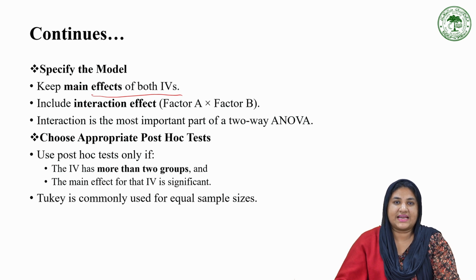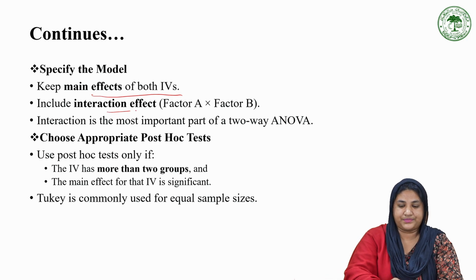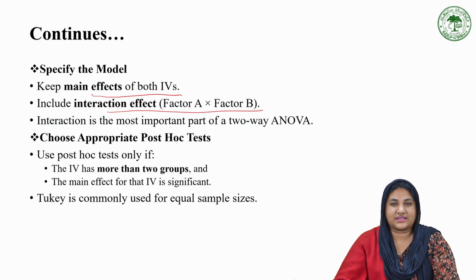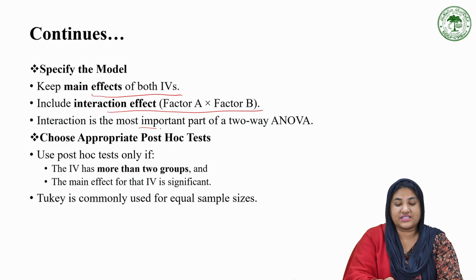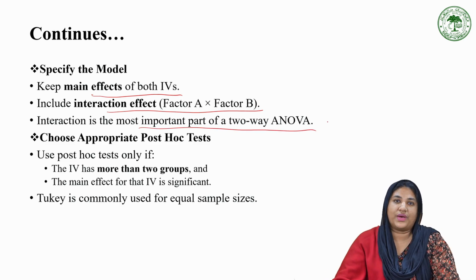So if we select gender and teaching method as the independent variables, you have to keep the main effects of both, and also the interaction effect, factor A into factor B, that is, the interaction between teaching methods and gender. In our case, you have to keep the interaction effect of both independent variables, and interaction is the most important part of a two-way ANOVA. What is the combined effect, or the interaction effect, that is what we ensure by using two-way ANOVA.